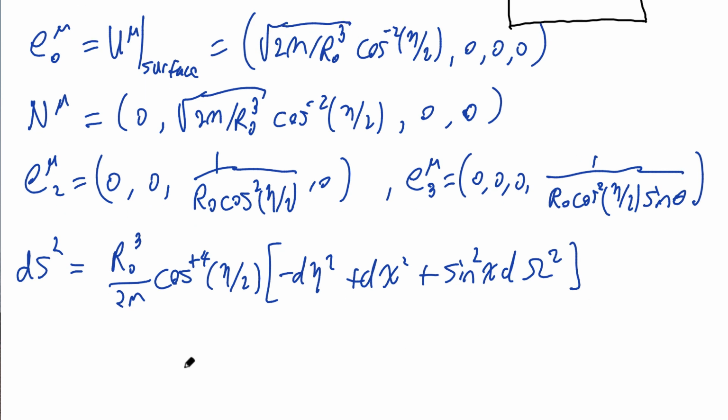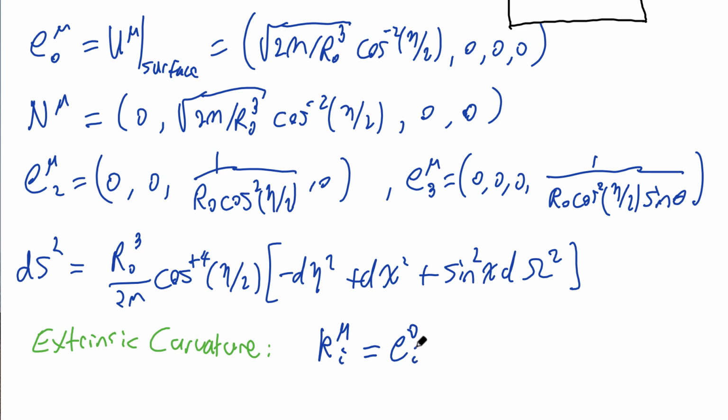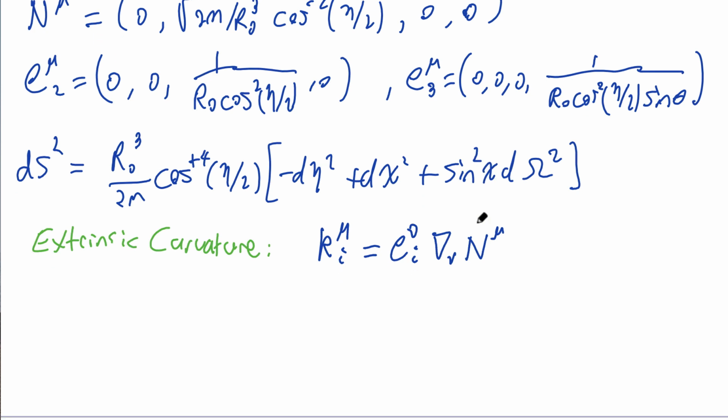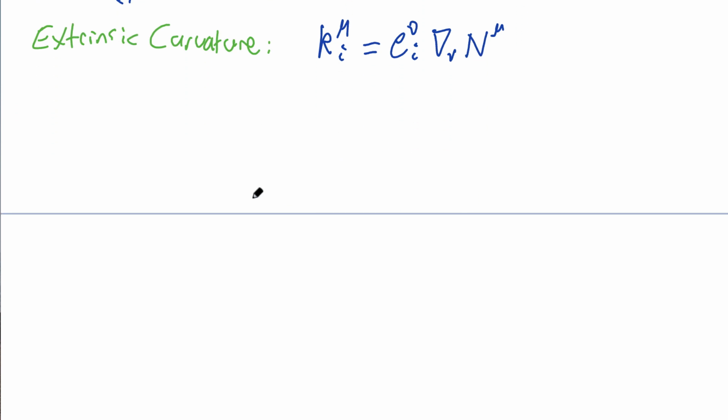And now the extrinsic curvature is defined as k mu sub I equals E nu I del nu n mu. And this is now a straightforward calculation using this metric and these basis vectors. And the result is the following.